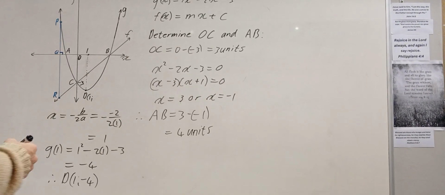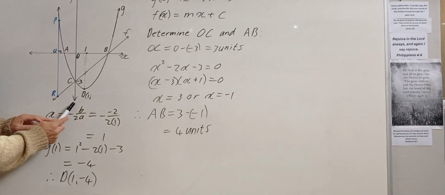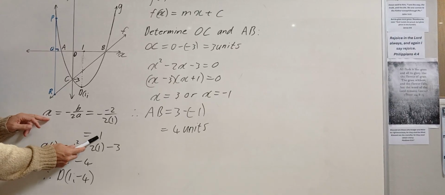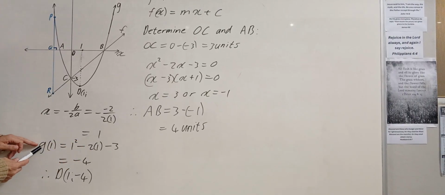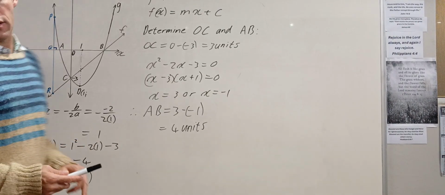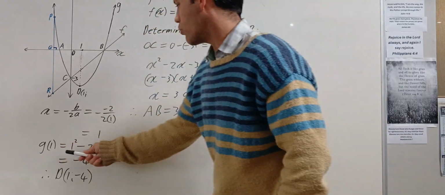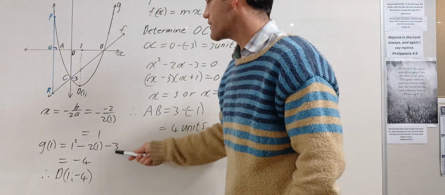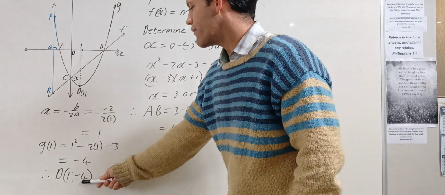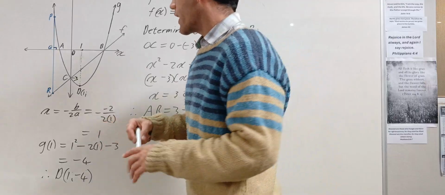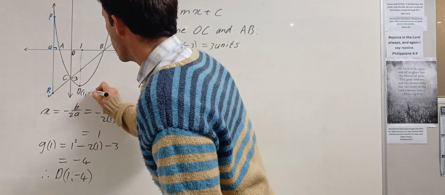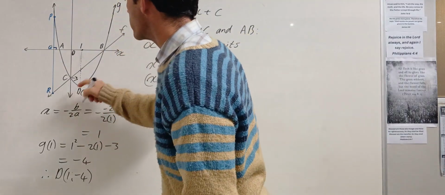So like I said, the one option is -b over 2a, which gives you 1. Then you put 1 into the equation, g(1). And you substitute 1. g(1) is 1 squared minus 2 times 1 minus 3, which is -4. So the y value is -4, and you've got your turning point, D(1; -4).